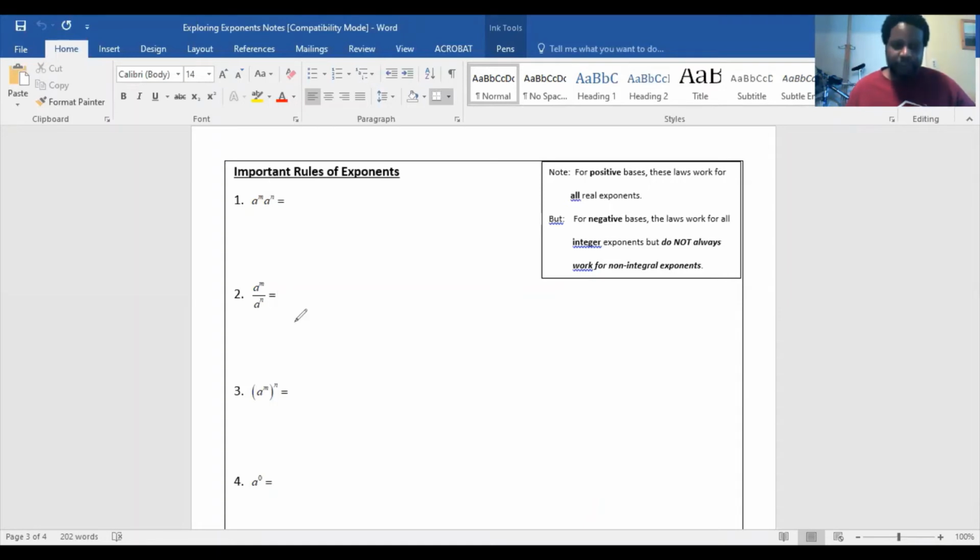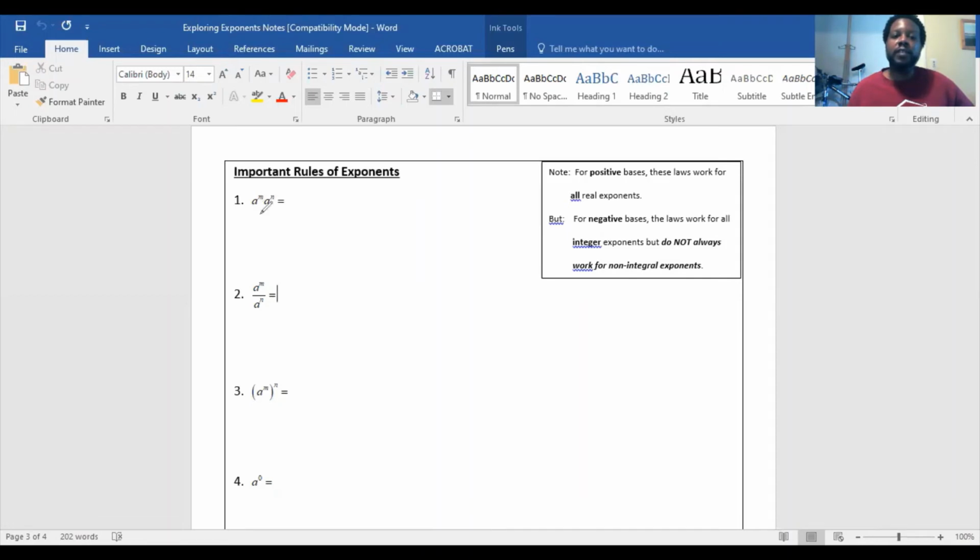So if I have a number, which is represented by the letter A here, and it's being raised to a certain exponent, and then it is being multiplied to a number that is the same value as it, and that's raised to another exponent, I can simplify it. Okay, it can be simplified when I do the math.